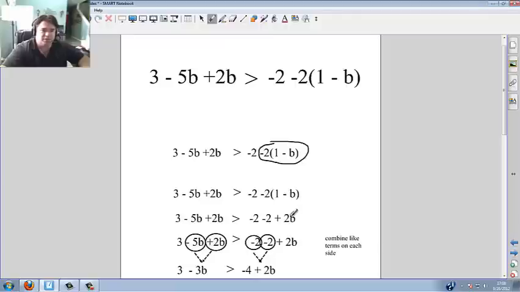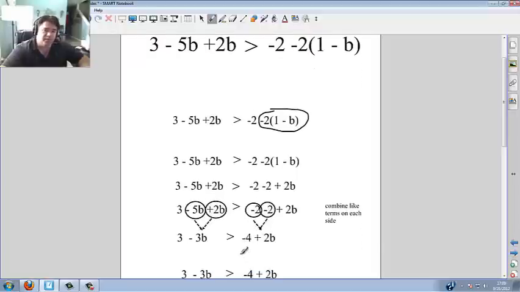So basically, all I've done here is I went ahead and multiplied this by negative 2 and this by negative 2, getting these answers. Now I'm going to consolidate negative 5b and plus 2b to become negative 3b. And I'm going to consolidate negative 2 and negative 2 to make negative 4. So this is what I'm working with now.